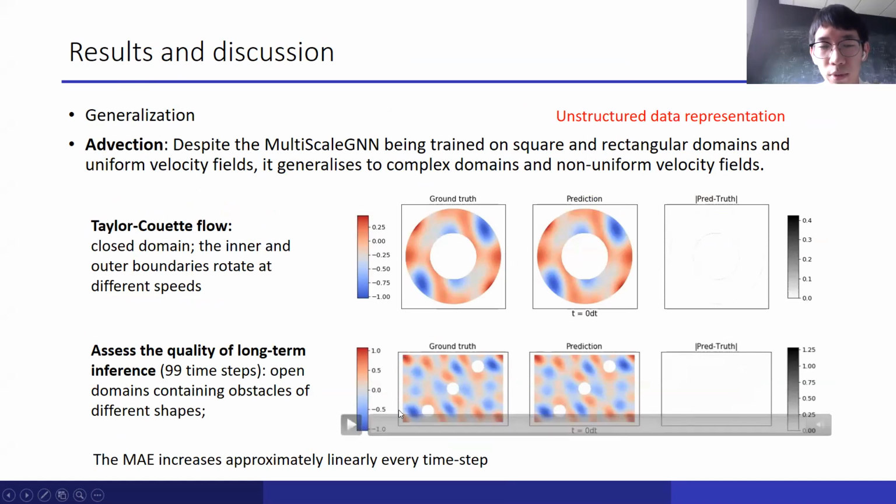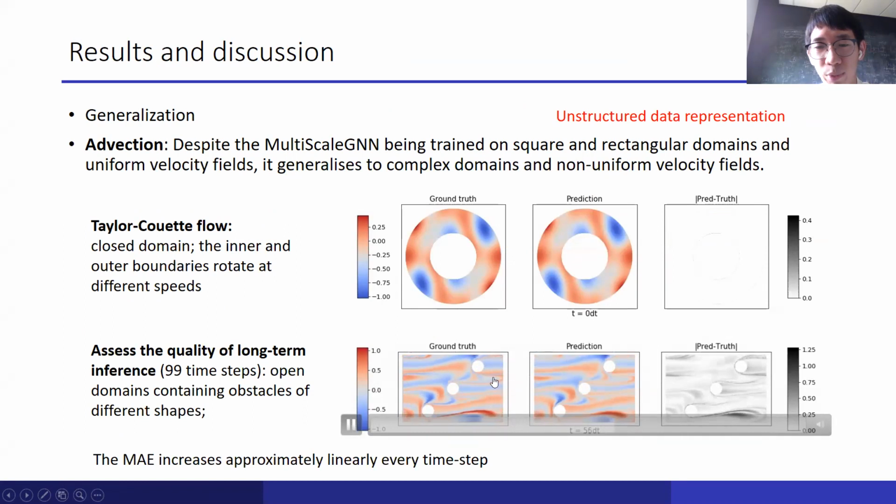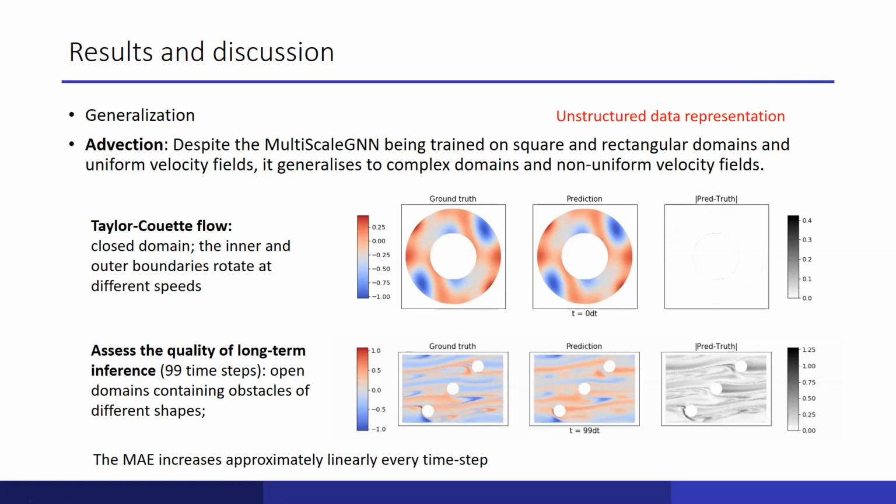Yes, for example, in this case, there is a periodic boundary condition in both directions. So the graph should connect this boundary with this boundary, so they can communicate with each other during the evaluation. But do they use this trained model for other geometry?